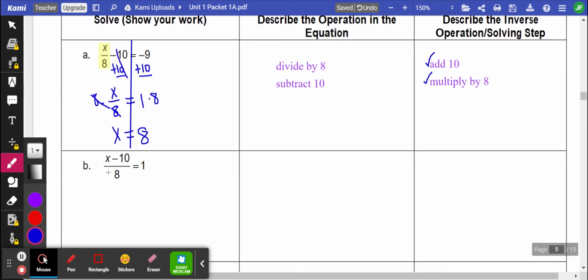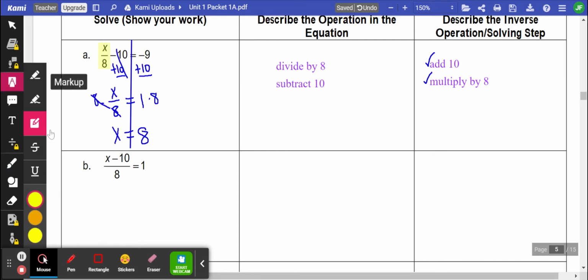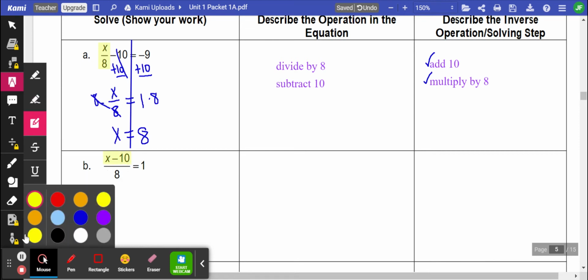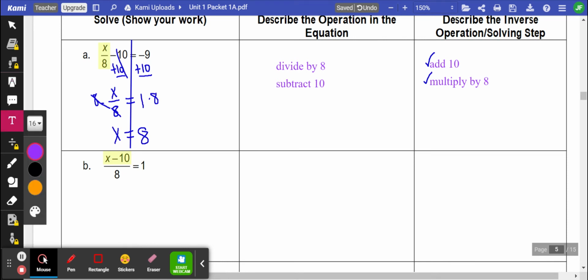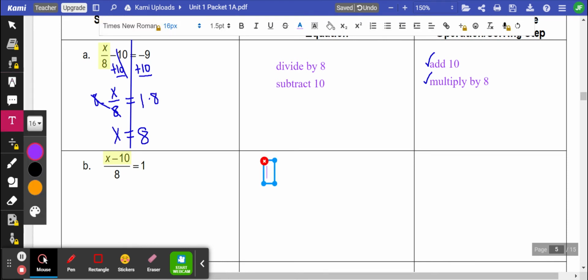The next one has similar numbers, a different setup on the left side, and then a different answer. I'm going to start by highlighting the part that's closest to the x, and technically because it's in a fraction, that -10 is closest to the x, so that's where we're going to start. So we start by subtracting 10 in the original problem, and then divide by 8.